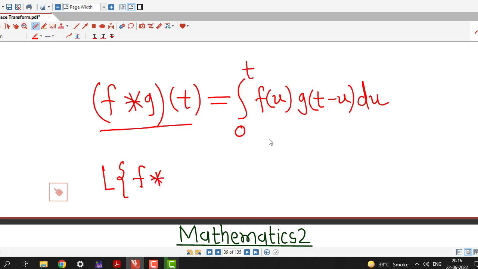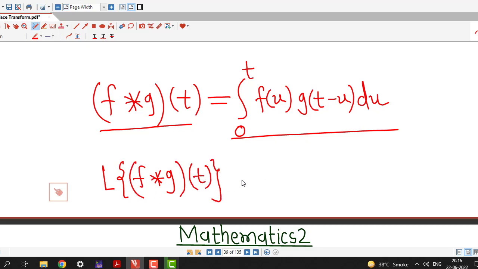without using this definition. Suppose I want to obtain Laplace transform of convolution of f and g, then one way is, first I will decide what is this function of t.